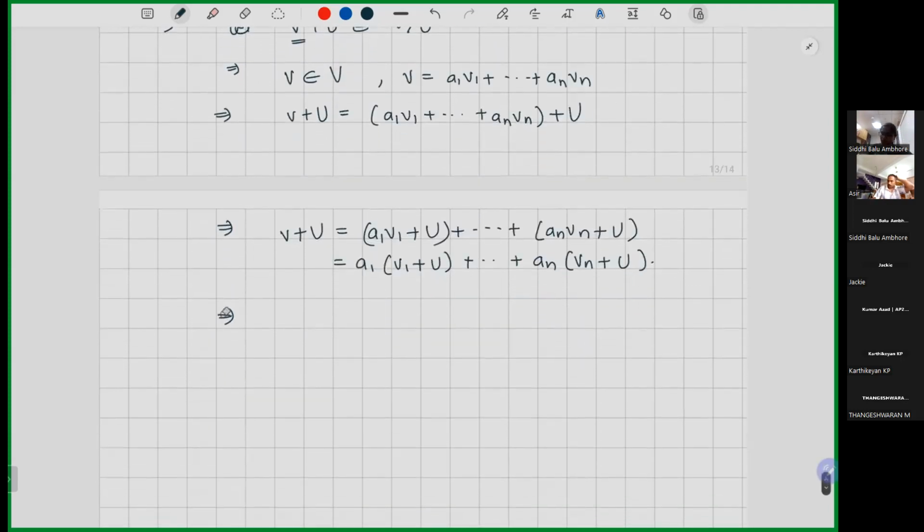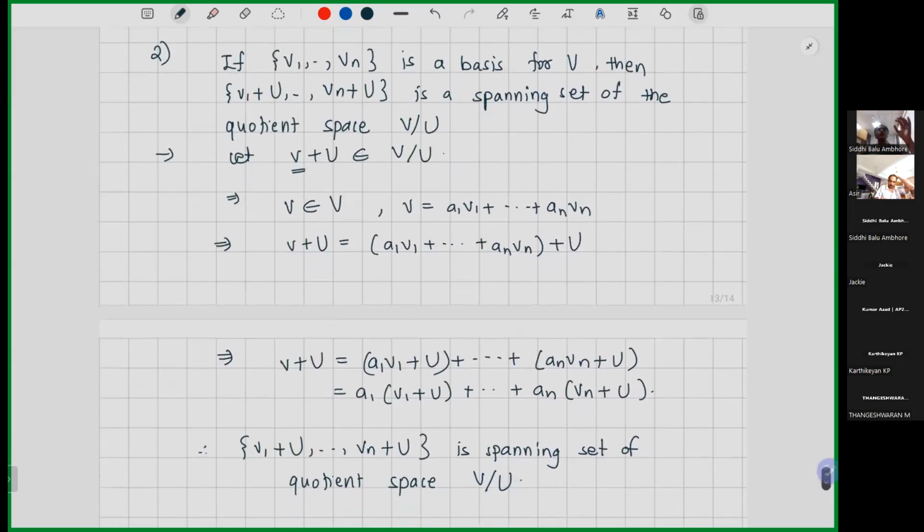Therefore V1 plus U and so on up to Vn plus U is a spanning set of the quotient space V mod U. Is it okay now? We can express any element V plus U from the quotient space as a linear combination of V1 plus U, V2 plus U, and so on up to Vn plus U. Is it clear now?